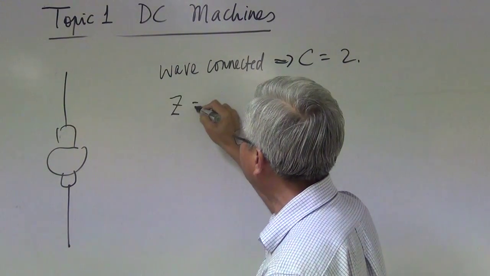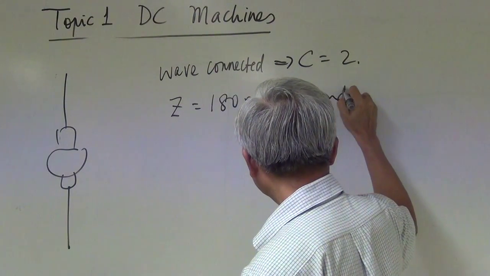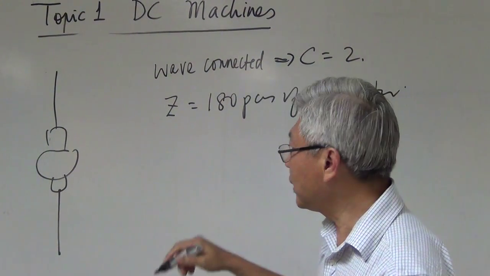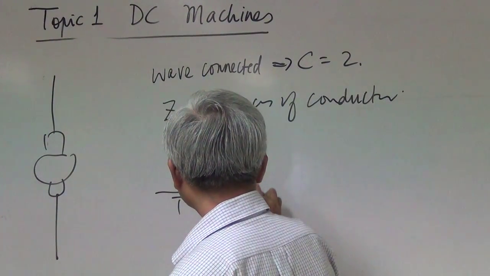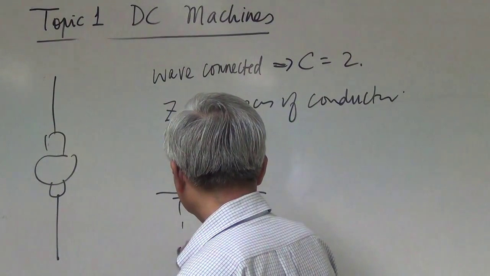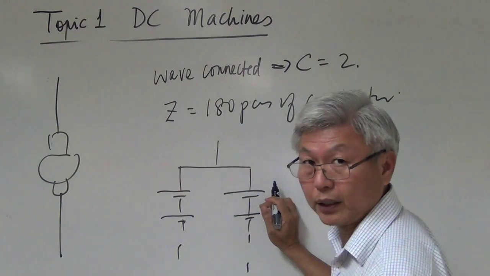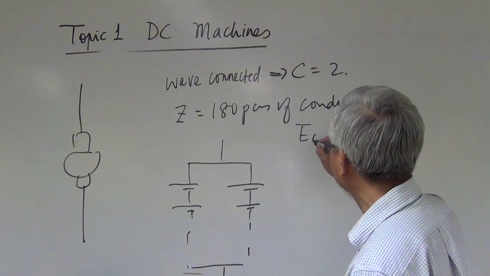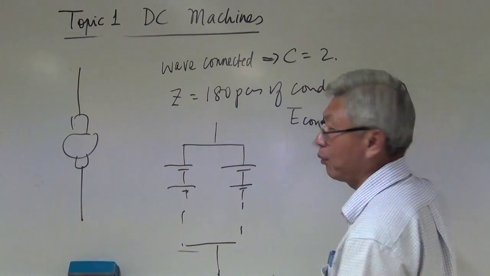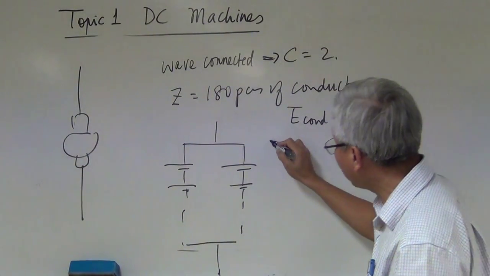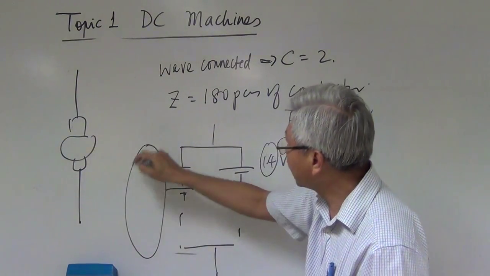And if I tell you that there are 180 pieces of conductors, then inside here you actually have 2 paths. Each battery that I draw here represents 1 conductor. And if I tell you that each conductor produces 1.4 volt, then individually it is 1.4 volt. Now, all together, how many conductors are there?